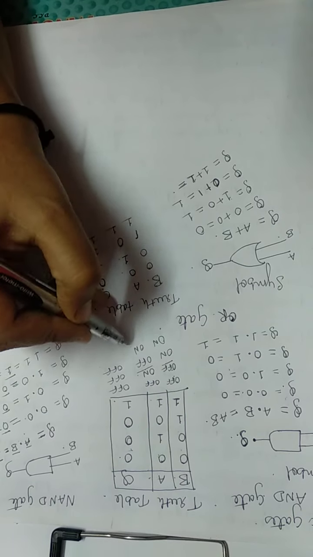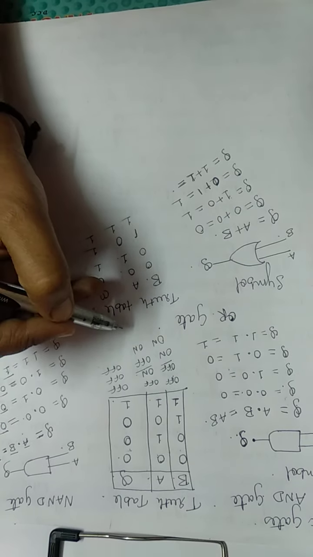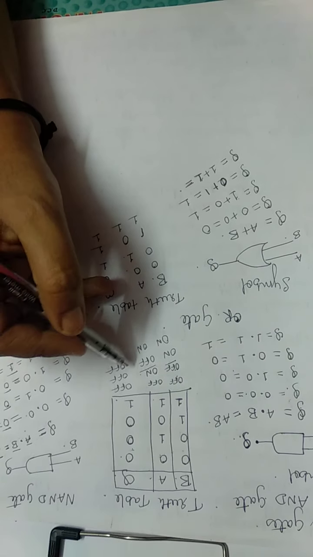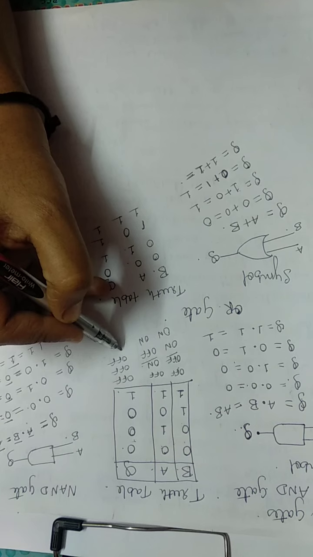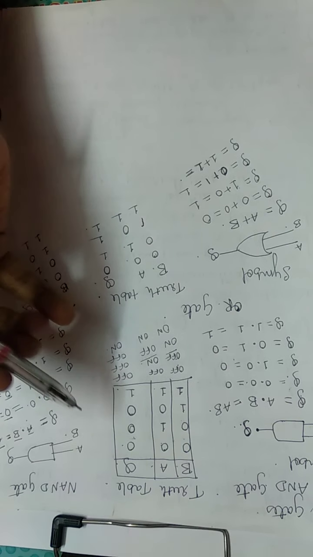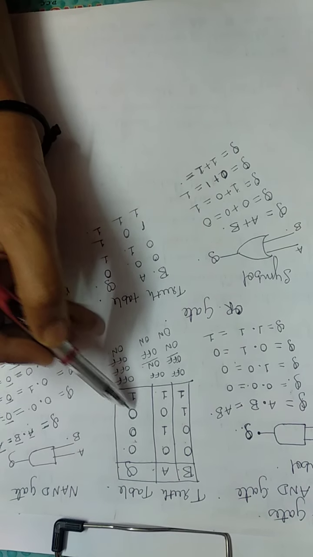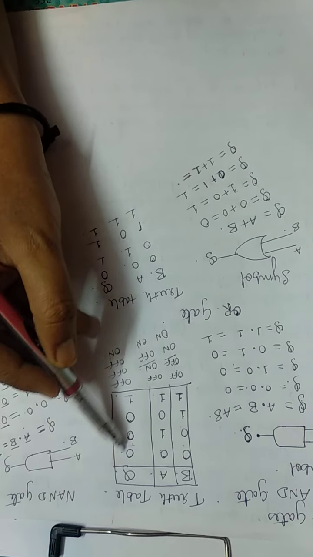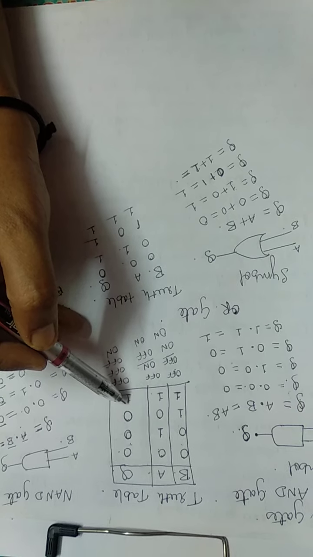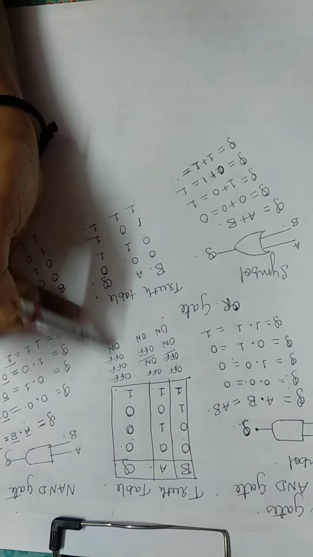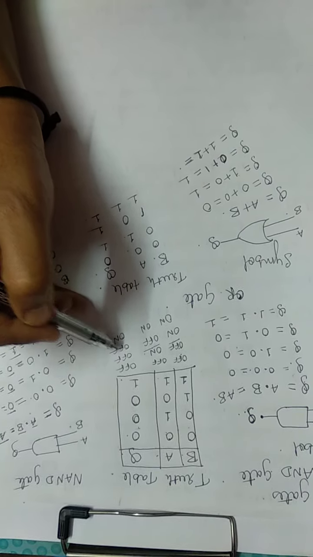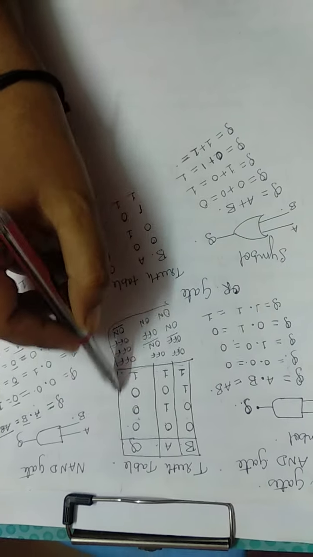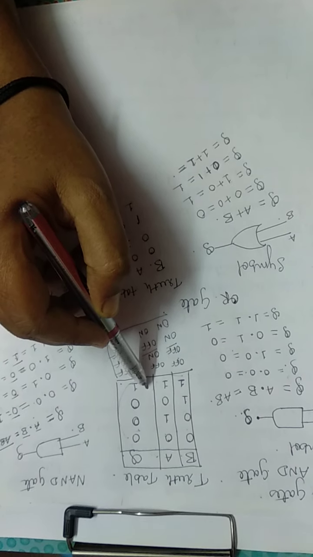When both the inputs are on, that means we are giving 1, that is 1 into 1, it will be 1. So it will be on. Now you can see 0, 0, 0, 1. As I said, 0 will represent it is in the off condition, 1 will represent it is in the on condition. See, off, off, off, on. This truth table also you can write.